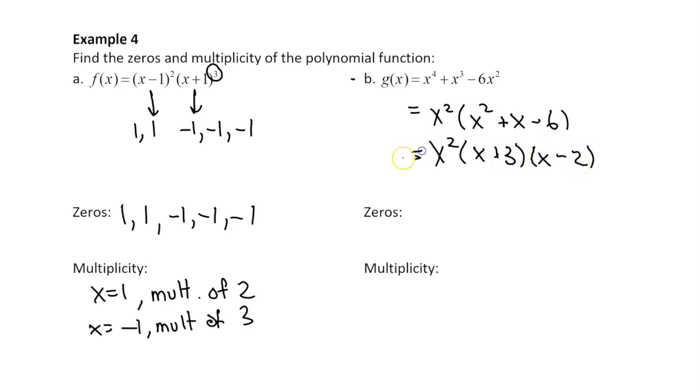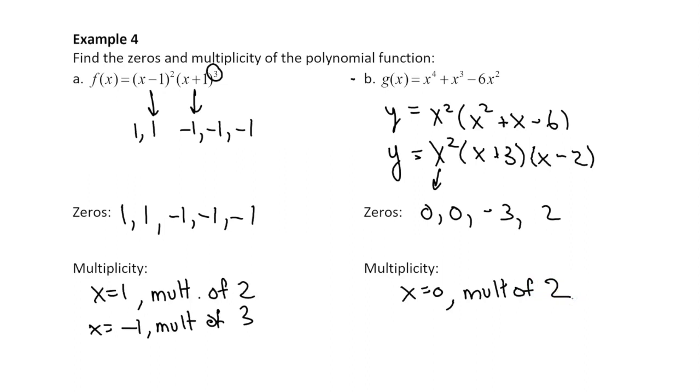So you would get solutions of 0, 0, -3, and 2, but instead of listing that out, I could say x equals 0 with a multiplicity of 2. This is kind of a silly point, but you could say x equals -3 with a multiplicity of 1. It's kind of unnecessary in my mind. And x equals 2 with a multiplicity of 1.